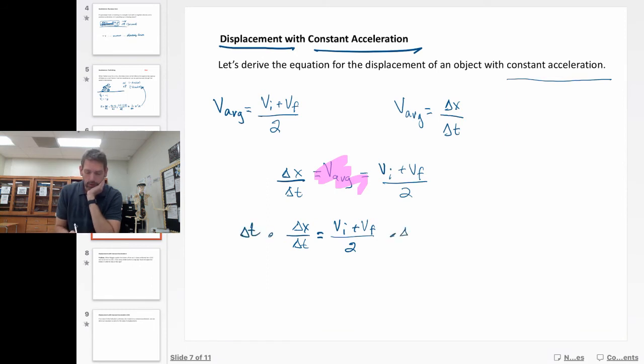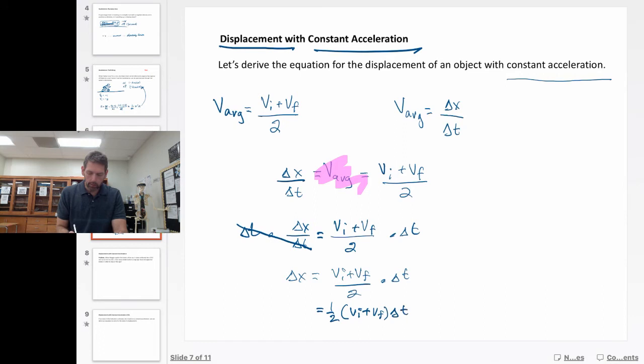That'll cancel out there, so we've got our displacement equals vi plus vf divided by 2, times delta t. And so this part right here, vi plus vf over 2, is really 1/2 times our initial plus our final, times delta t. And then that is our displacement.